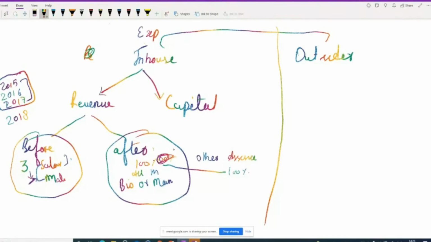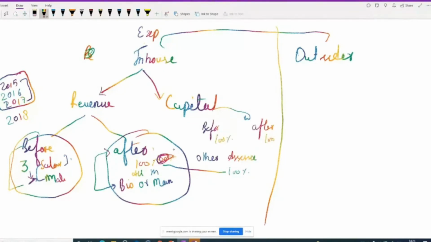In case of revenue, you can divide into before and after. And we have discussed the if and buts of before in case of revenue expenditure, and the if and buts of after in case of revenue. And now capital, again you can divide it into before and after.